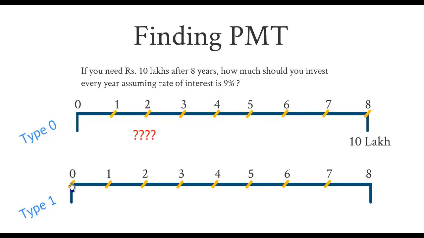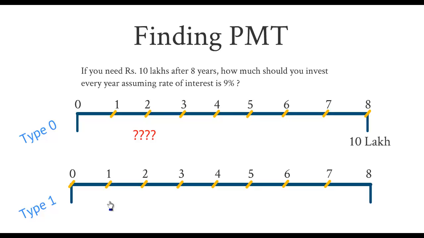A practical example would be an insurance premium, mutual fund SIP, a recurring deposit, any kind of investment which you make in advance. For example, if you were to buy an insurance policy, you pay the premium right now for the next 1 year. Same for an SIP or an RD.